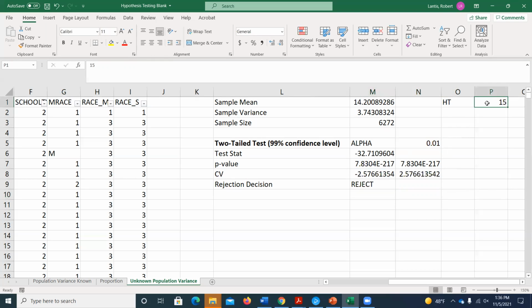So this is kind of interesting, to make a point here. I was testing to see if the true average age when someone first smoked an electronic cigarette is 15. I found 14.2 as my sample mean. That doesn't seem wildly far off, but I can still reject 15 with an insanely high level of confidence, right? That p-value is about 0.